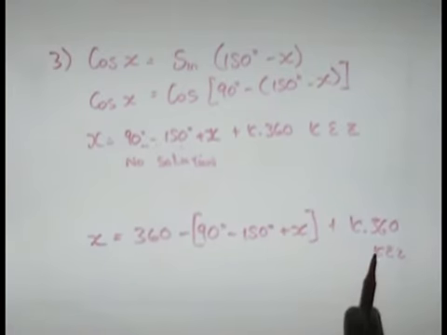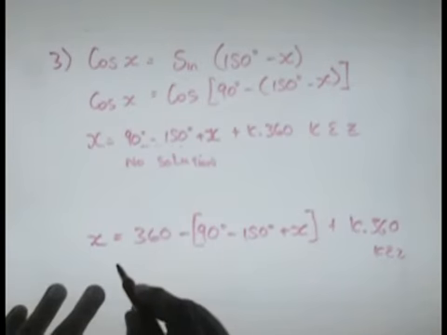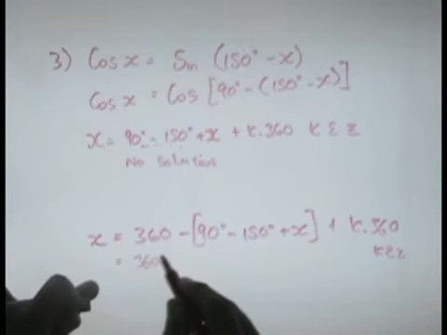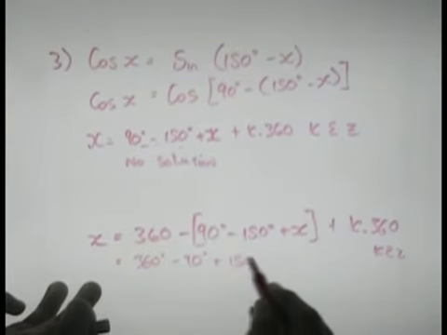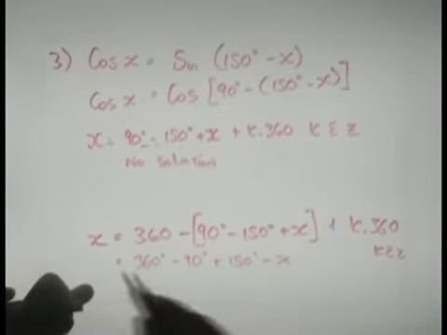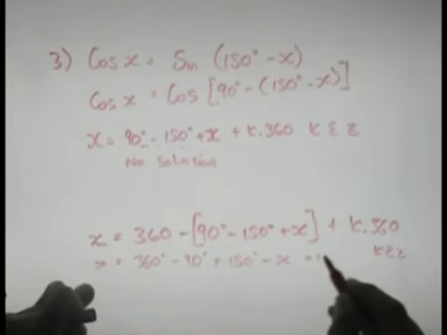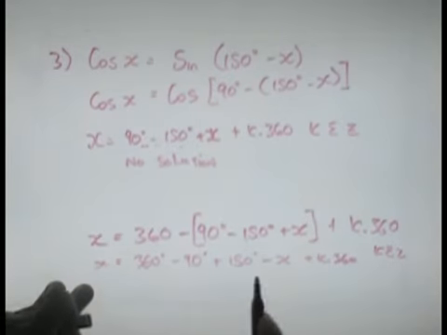There's also this other solution here, which is going to become 360 degrees minus 90 degrees plus 150 degrees minus x, plus k times 360.